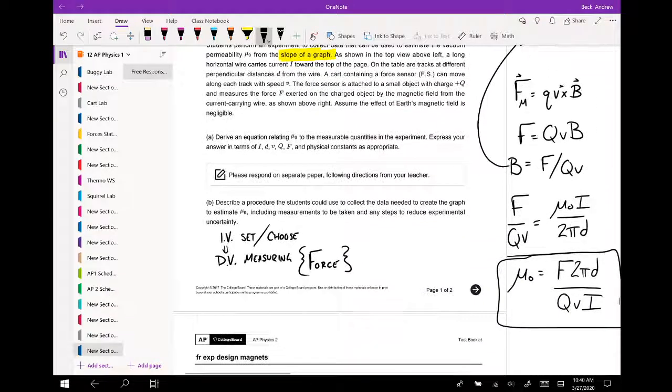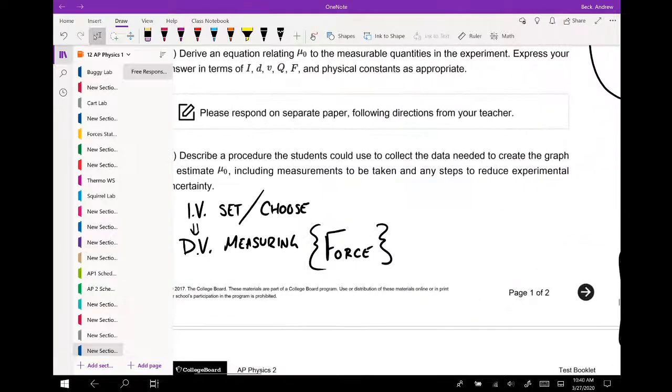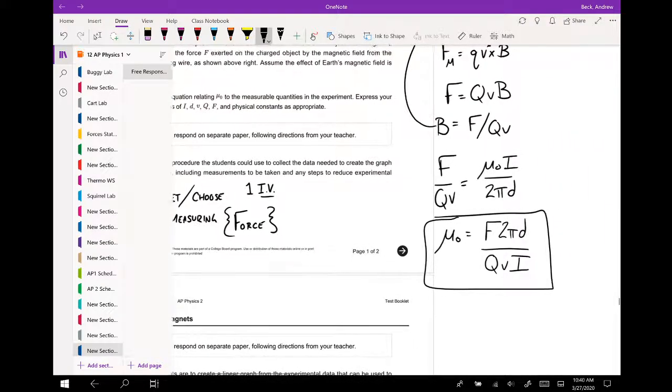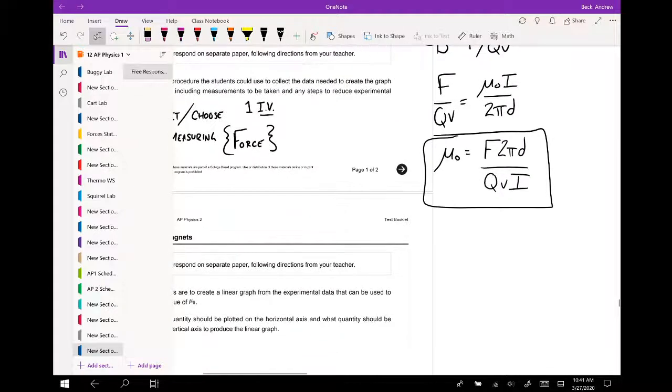So then we just need to choose for our experiment an independent variable. When we're setting up an experiment, we want just one independent variable, something that we can change, and the rest are going to be control variables. So we're looking at our equation for mu naught. We said that F is going to be our dependent variable. 2 and pi we can't change.